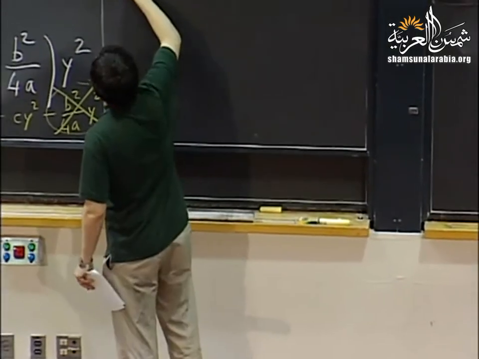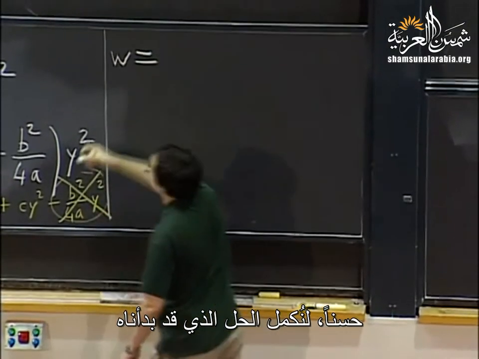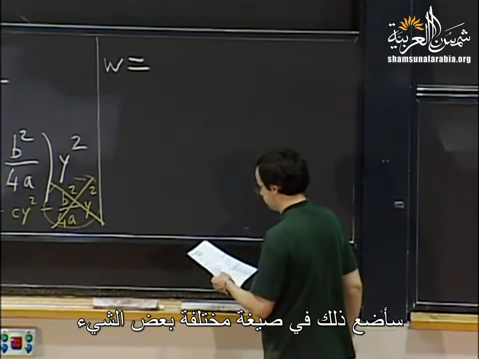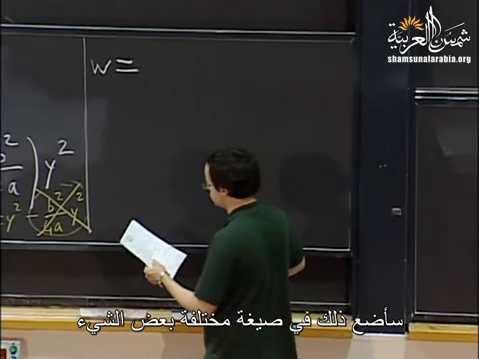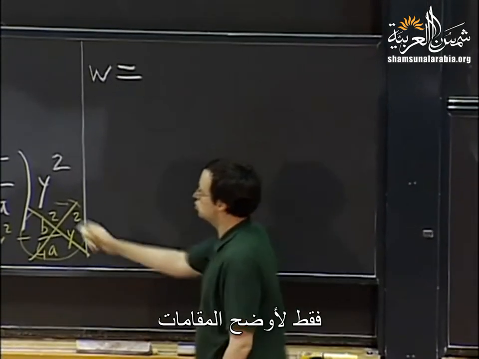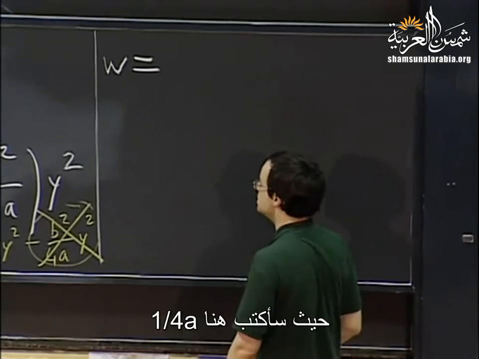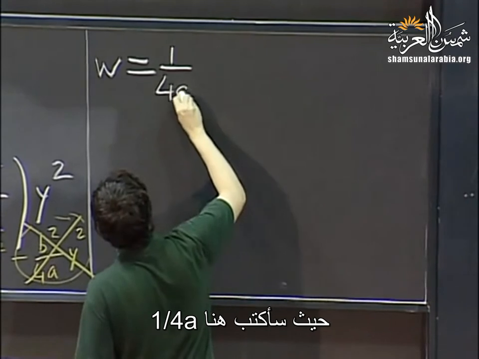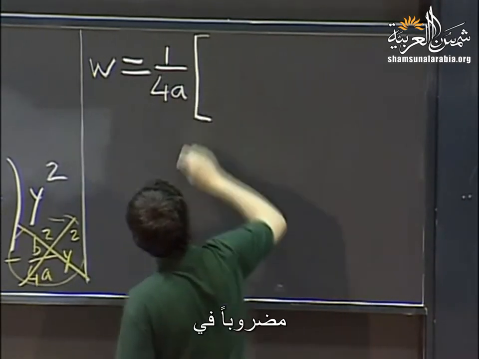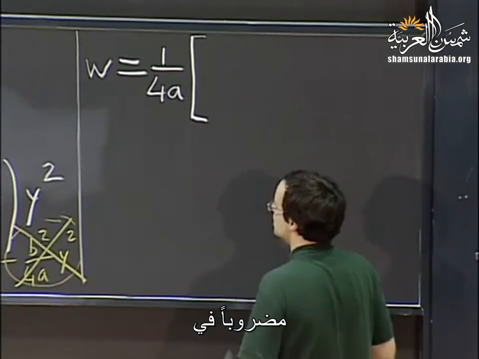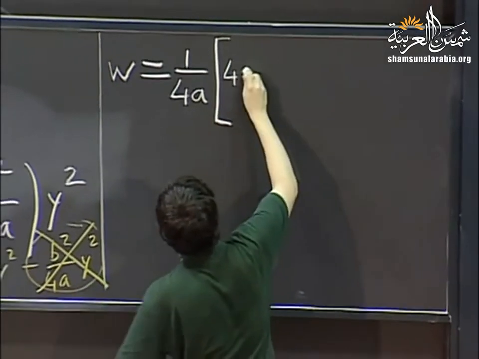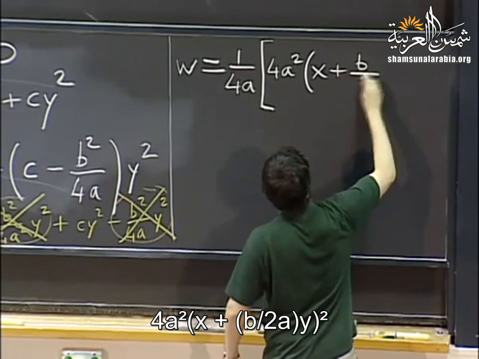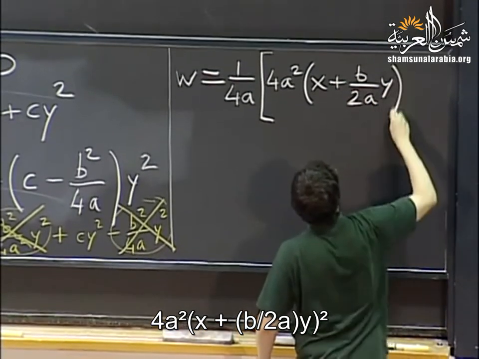Okay, so let me continue to play with this. I'm just going to put this in a slightly different form, just to clear the denominators. So I will instead write this as 1 over 4a times a big thing. I'm going to put 4a squared times (x plus b over 2a y) squared.